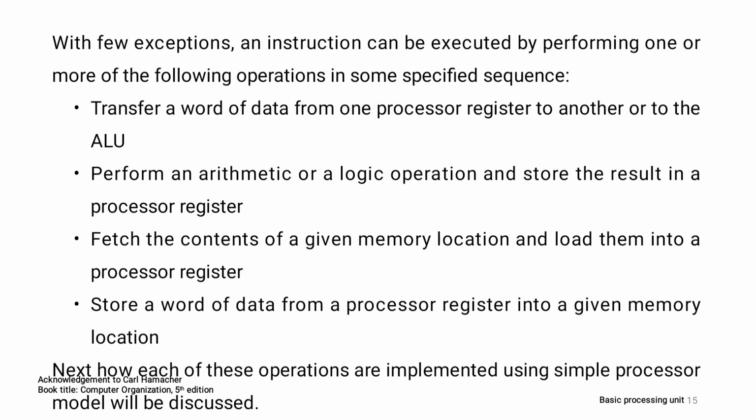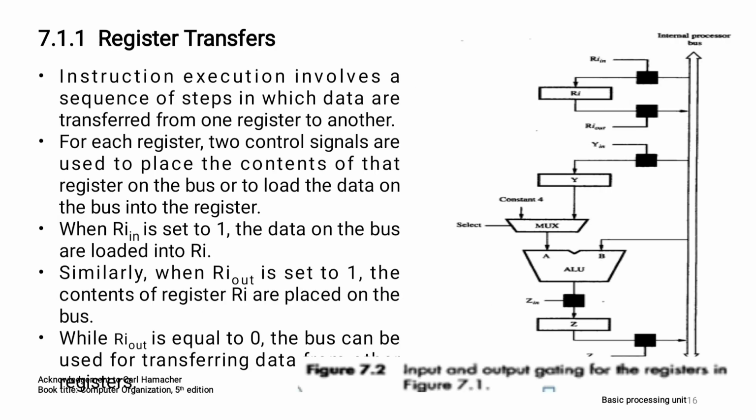Okay, we shall discuss how register transfers take place. That is, the data is copied from one register to another register. So there are two operations that can be done with the register. Data can be put into the register, or whatever data is stored in the register can be taken out. For this, two control signals are needed.